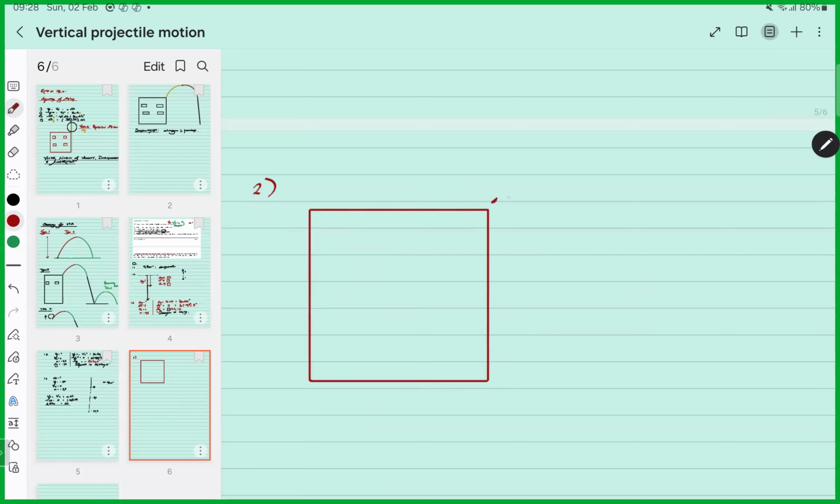Dropped means that the initial velocity of this first stone is 0. Height of 125 meters means that this stone is going to go down and the delta y when it's going to be hitting the ground is going to be minus 125.